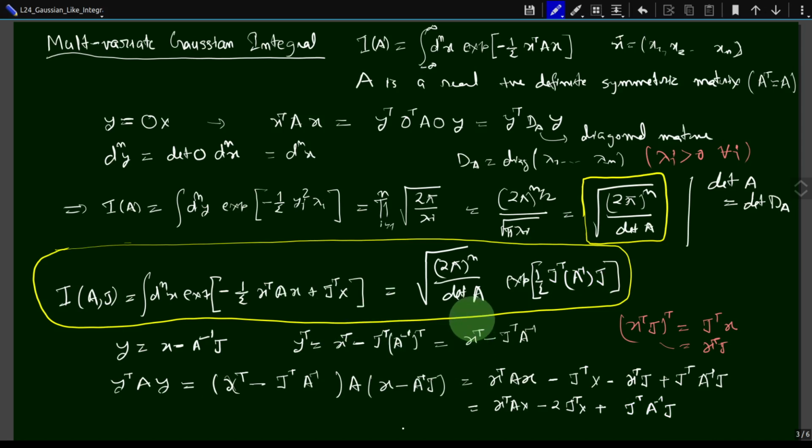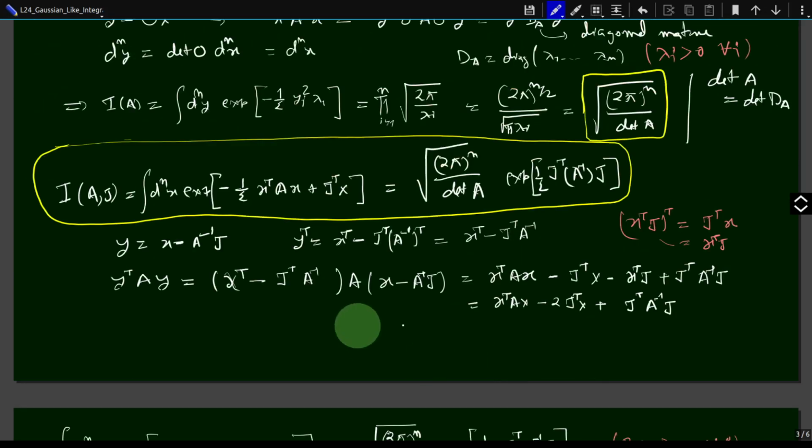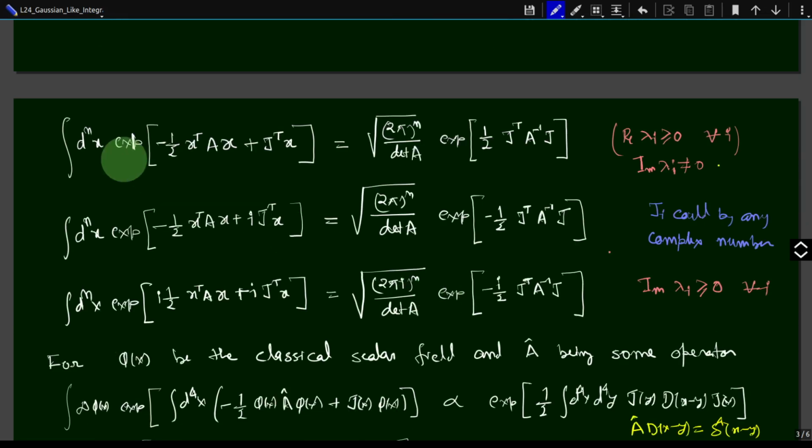So the n-dimensional integral can also be computed in this manner. Now again, I'm just repeating this line over here. The integral of minus half x transpose Ax plus j transpose x is the square root of (2 pi)^n by determinant A, times exponential half j transpose A inverse j.